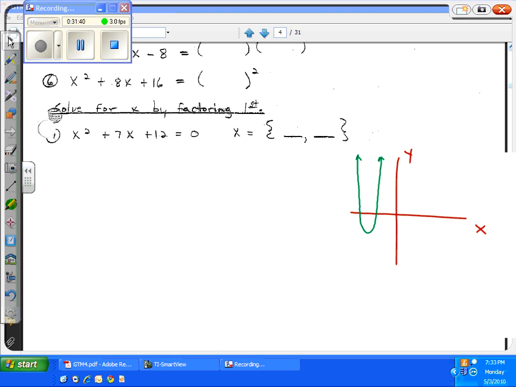In Algebra 2, you'll have square radical roots, irrational roots, and imaginary roots. But remember that we talked about the solutions to a quadratic were the x-intercepts of the quadratic. They were the values of x that would make y be equal to 0. And if y is equal to 0, you didn't go up or down, so you must be sitting on the x-axis. Therefore, they are the x-intercepts of the quadratic.